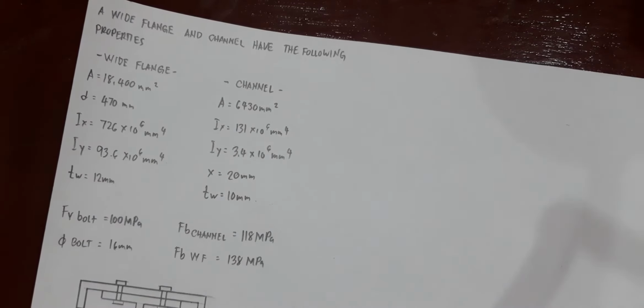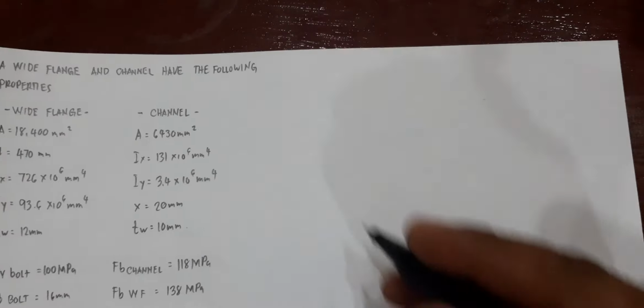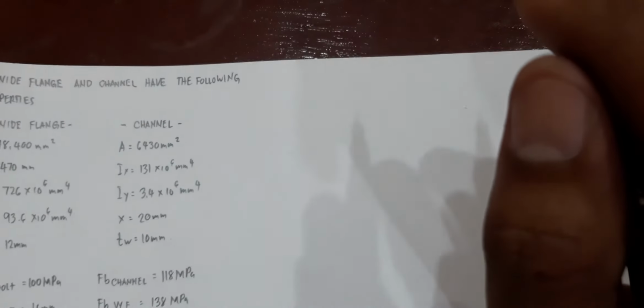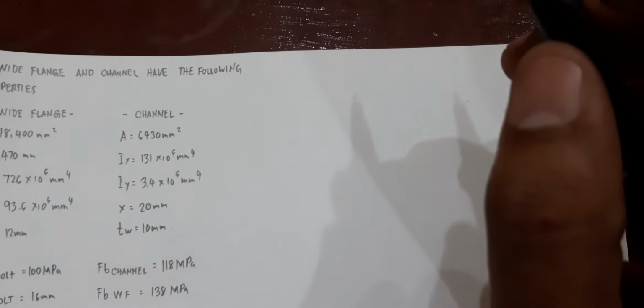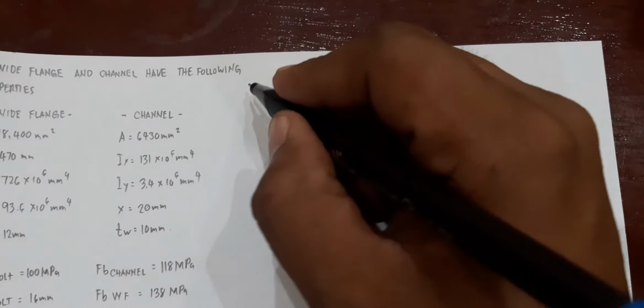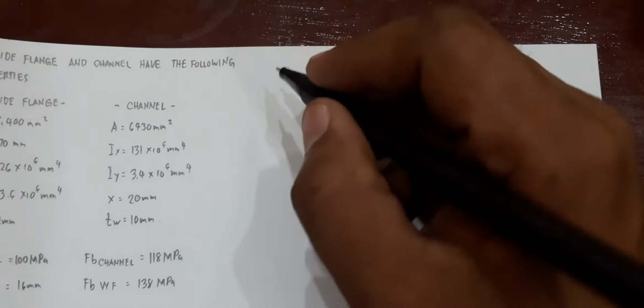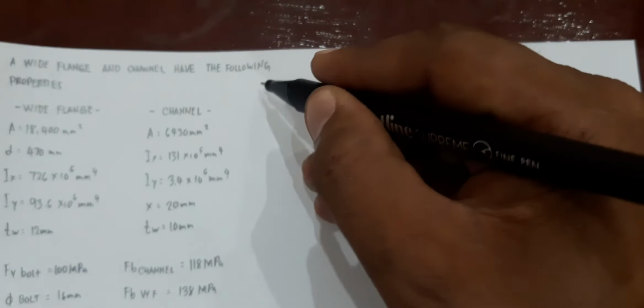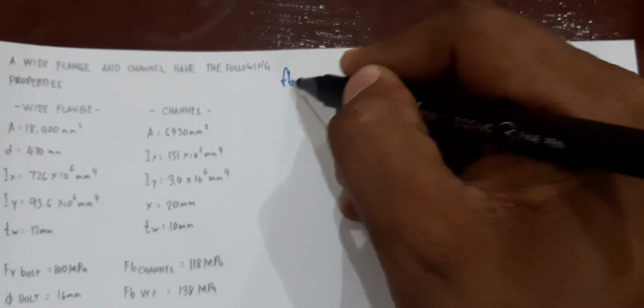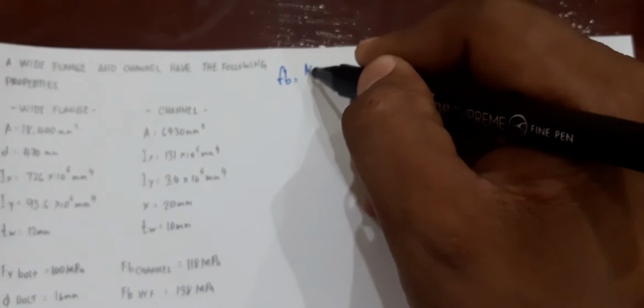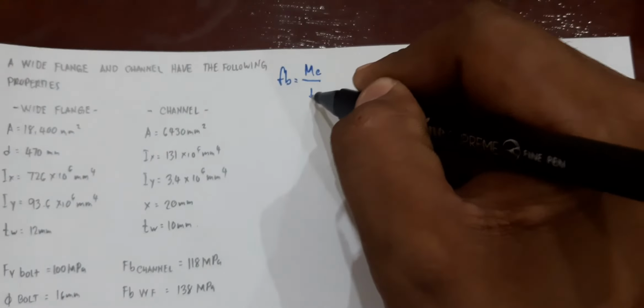Now, your bending stress is again F bending, which is taken as MC over I.